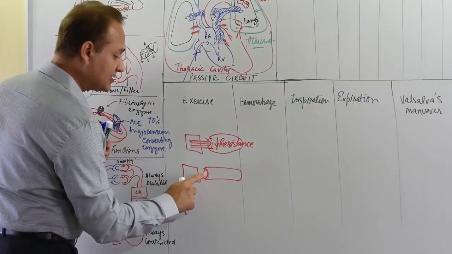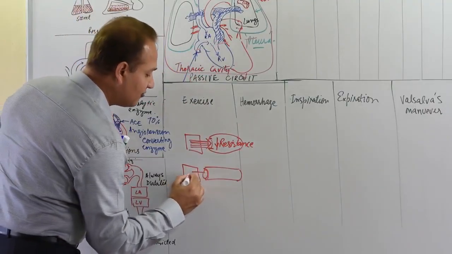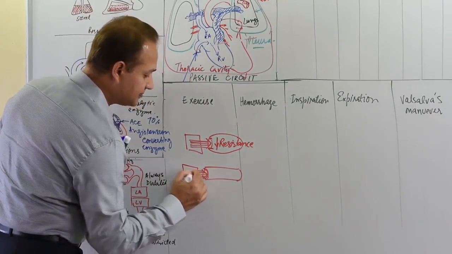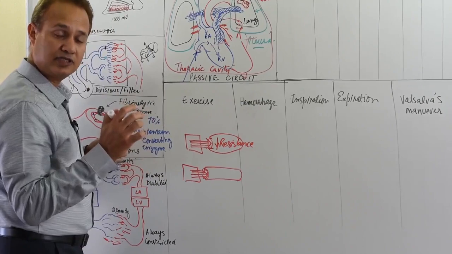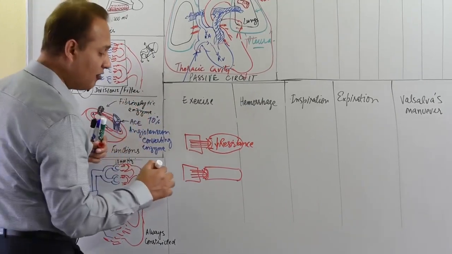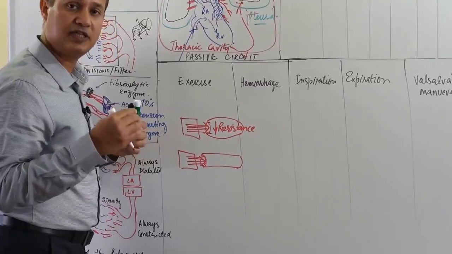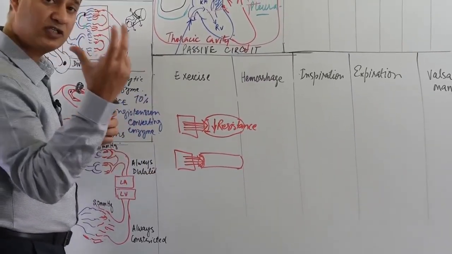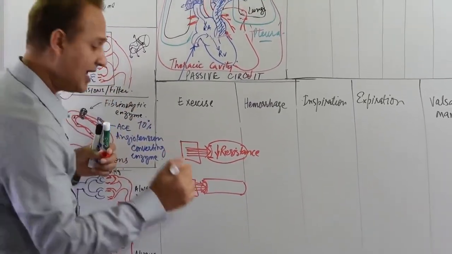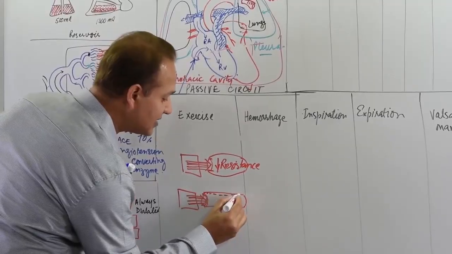The resistance of the pulmonary vessel reduces when the cardiac output increases or when the volume increases. On the other hand, in the systemic tissue, when the volume increases, let's say the cardiac output or the stroke volume has increased, the blood vessels, especially the arterioles and arteries, try to react to that, and they try to increase their resistance.